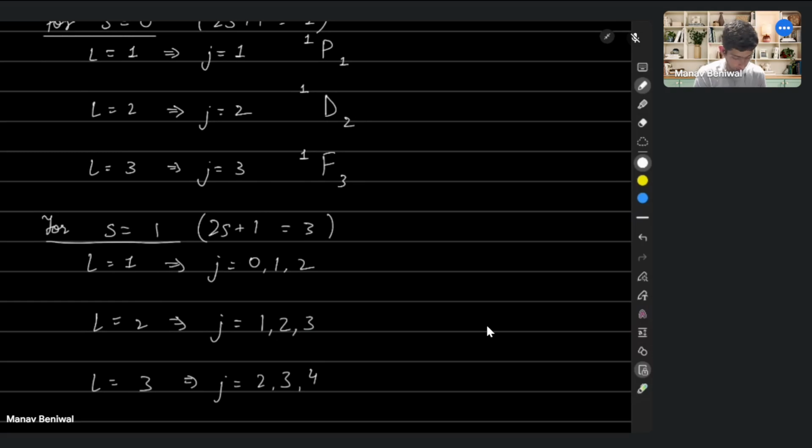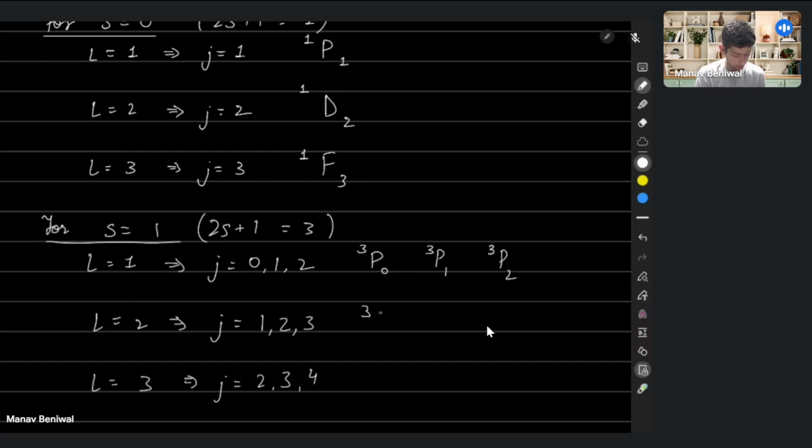Here we will have 3 terms for each. These are written as 3P0, 3P1, and 3P2.